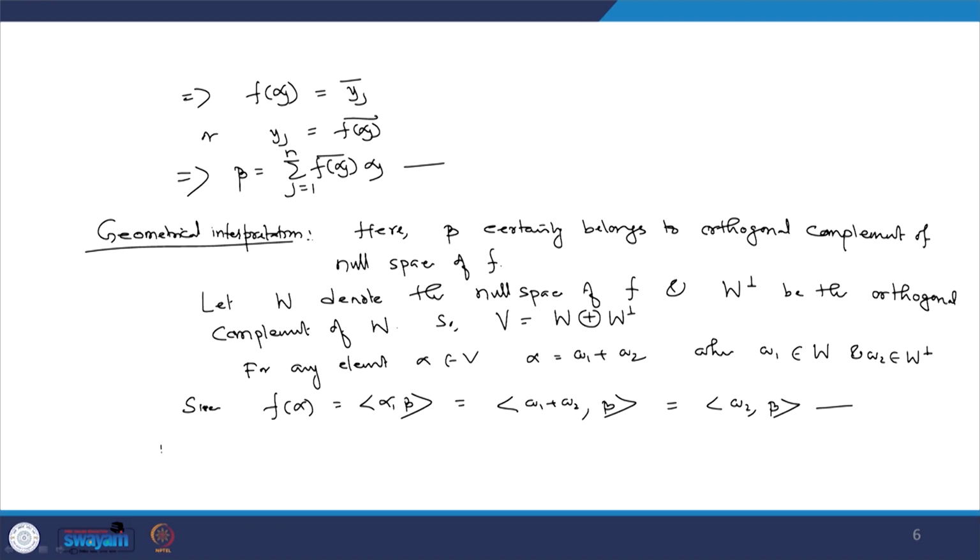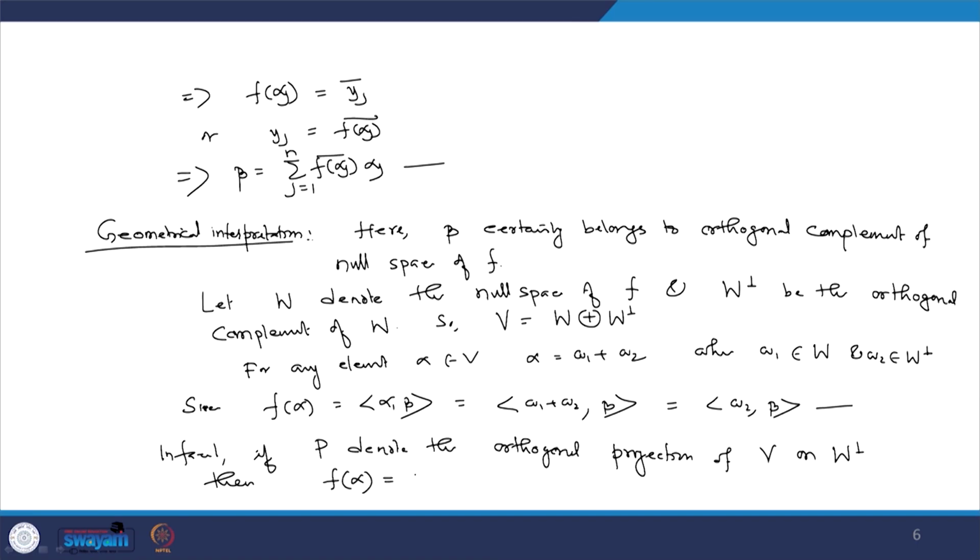So, in fact, if P denote the orthogonal projection of V on W complement, orthogonal complement of the W, then I can say f of alpha is equal to f of P alpha.